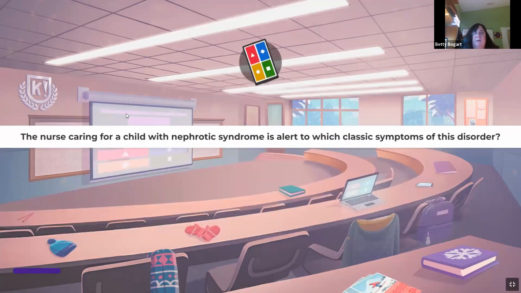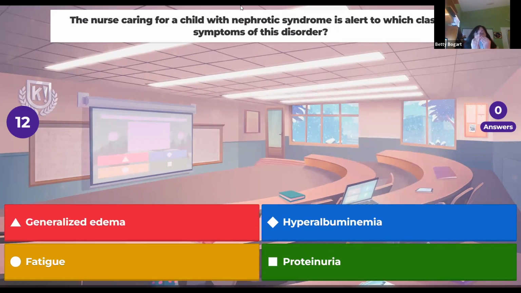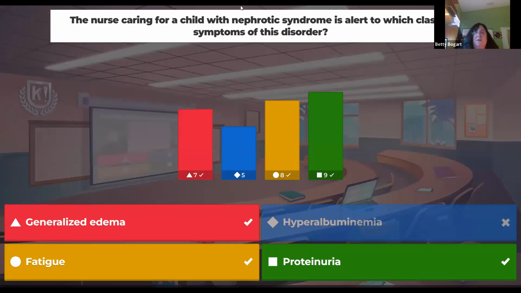A multi. When caring for a child with nephrotic syndrome, to be alert for which classic signs of this disorder? What do you see with nephrotic syndrome? Remember, nephrotic syndrome has nothing to do with kidney failure. What you see is the kidneys don't like protein, so it excretes it.